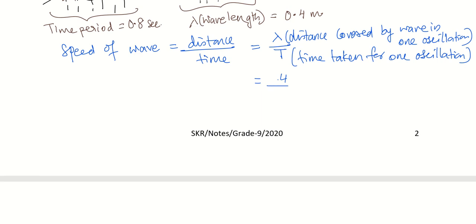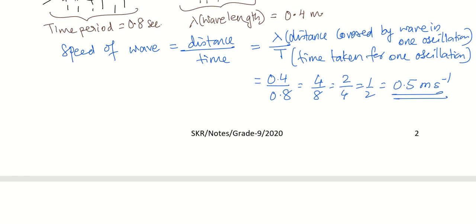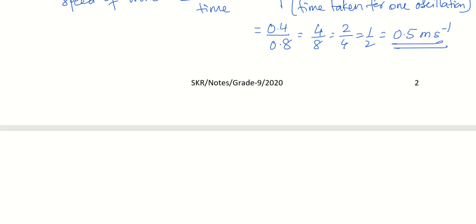So it will be 0.4 by 0.8, which is 4 by 8, which is 1 by 2, so it is 0.5 meter per second. That's the speed of the wave. This is how we solve simple questions on the speed of a wave.